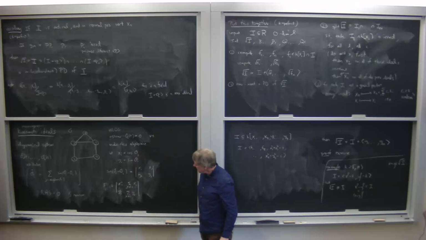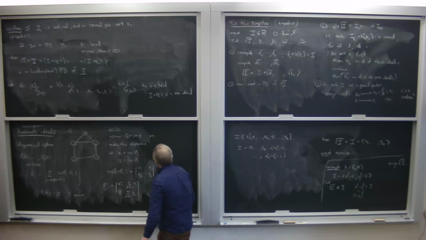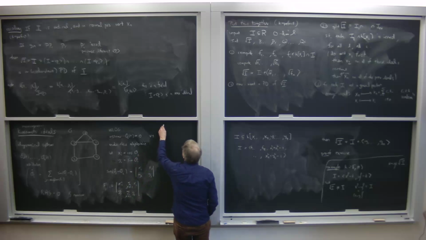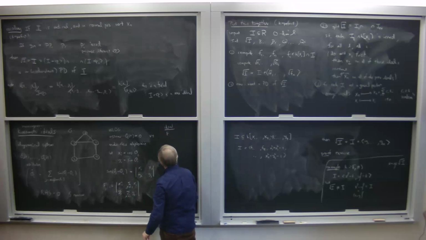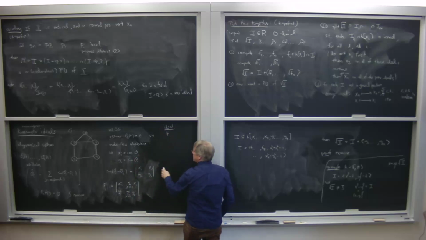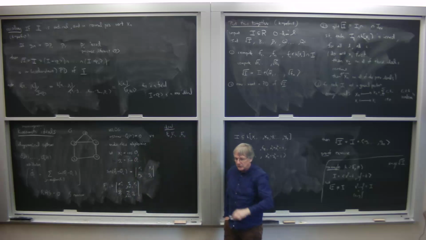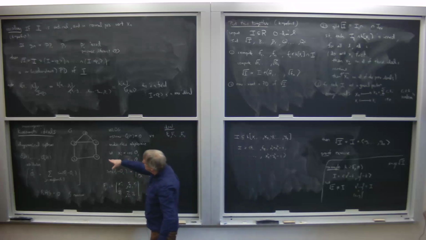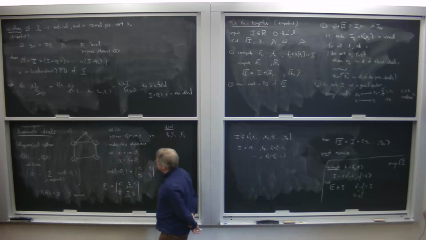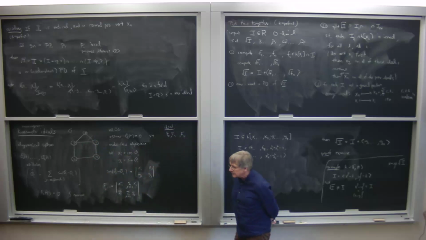Now what are we doing? Our equations, so the ideal that we want is f0, f1, up to f4 in this case. There's one more change I want to make, but let's not do that yet. However many vertices of G we have, that's how many of these things we have.